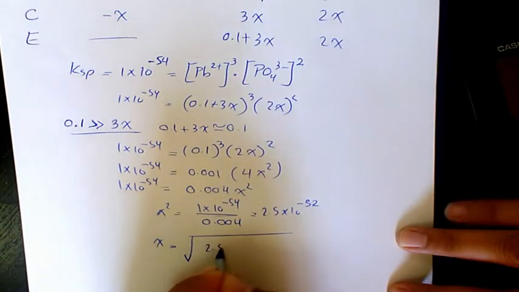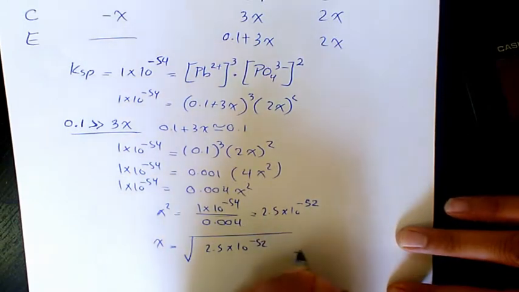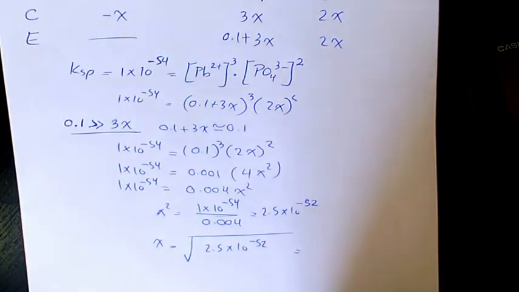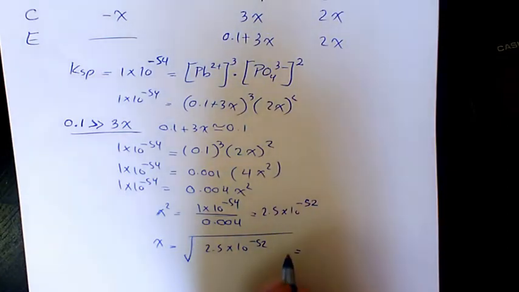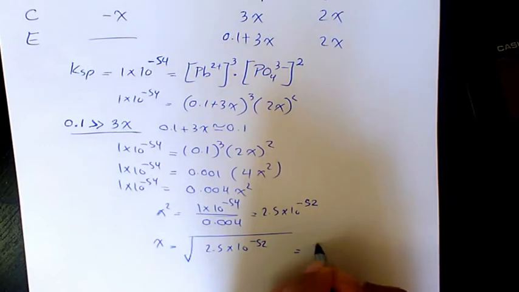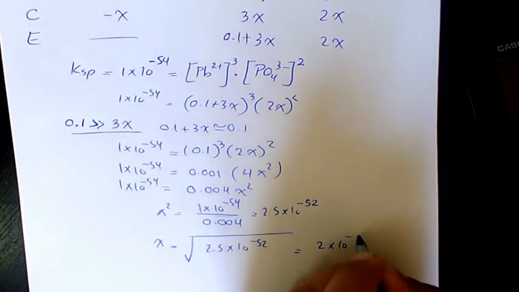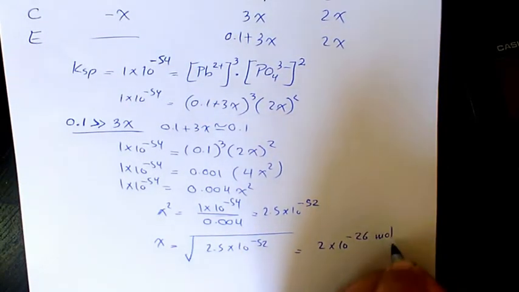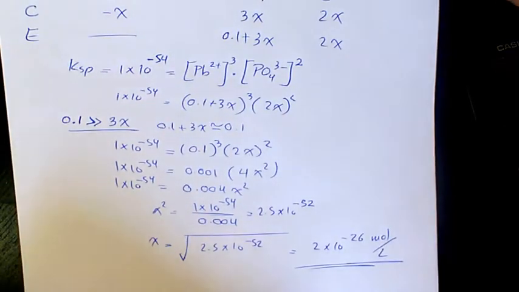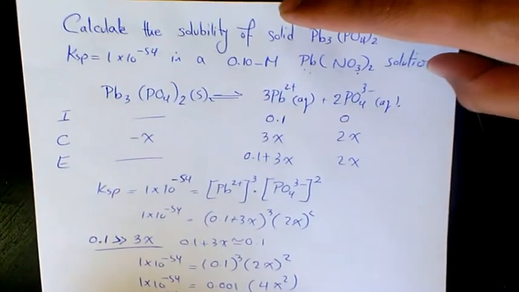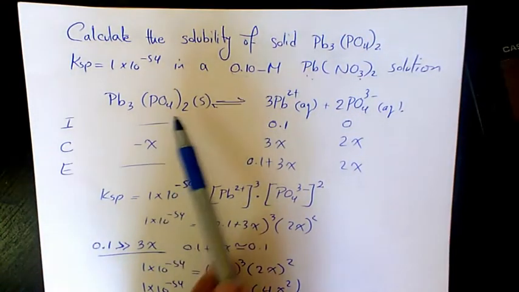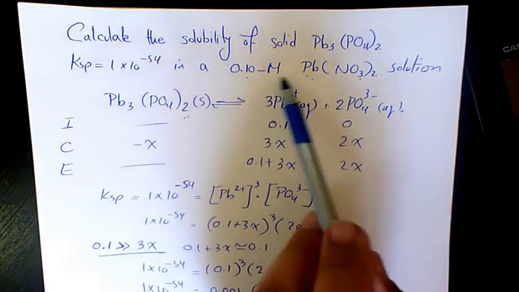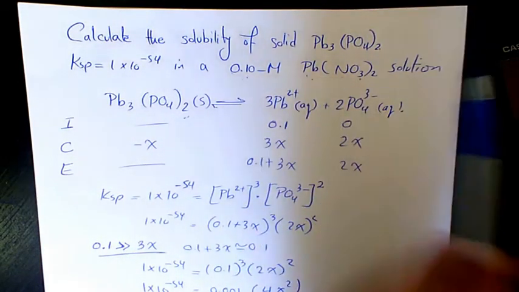So x will be the square root of 2.5 times 10 to the power of negative 52, which will be 2 times 10 to the power of negative 26 mole per liter. So this is going to be the solubility of lead phosphate in 0.1 molar solution of lead nitrate.